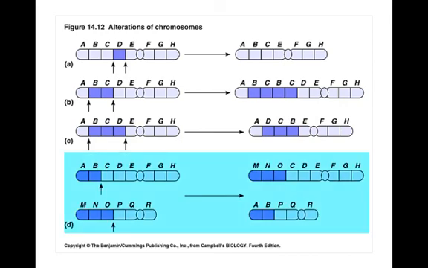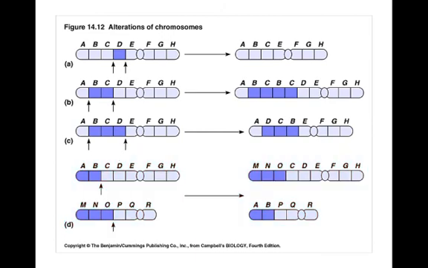We have chromosome A through H, and you have chromosome M through R, and you have an uneven swapping of two sections, AB, swapped with three sections, M, N, and O. And so when you see the result, you'll notice that the one chromosome is actually shortened. The bottom chromosome actually has a total of 5 segments, but it started out with 6 segments. And so these are different ways that the chromosome can actually be changed.